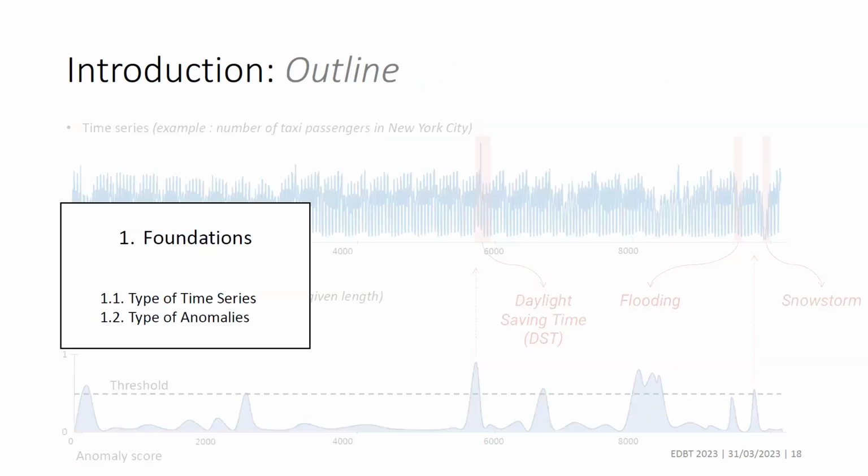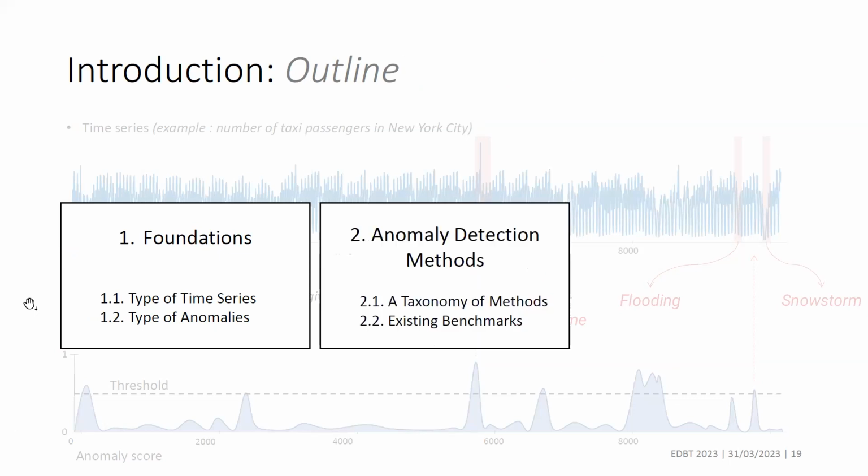All right, so in this talk, I will start by giving some examples of the types of time series we can have in our domain, and what types of anomalies we can encounter. Then I will give you a brief overview of the taxonomy of the methods that have been proposed in the last 10 years, well, actually even more, 30 years, 50 years, and some recent benchmarks that have been proposed to evaluate and compare methods.